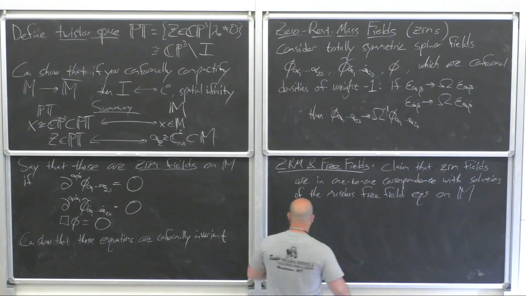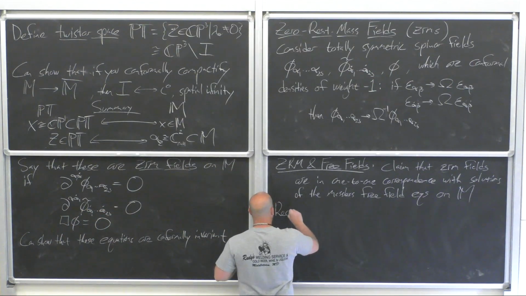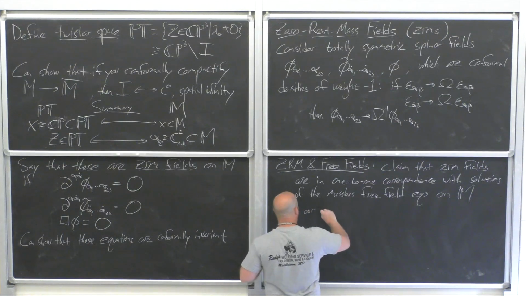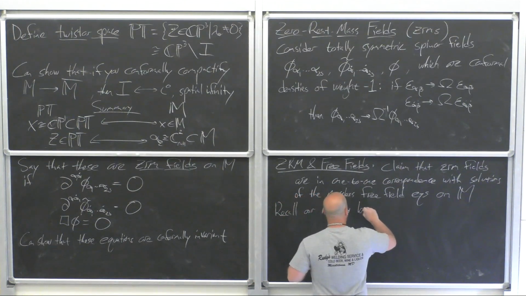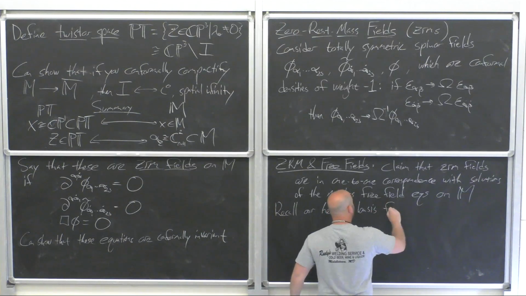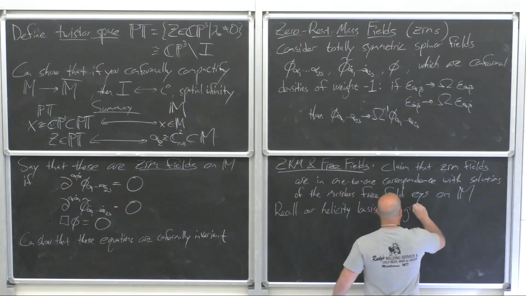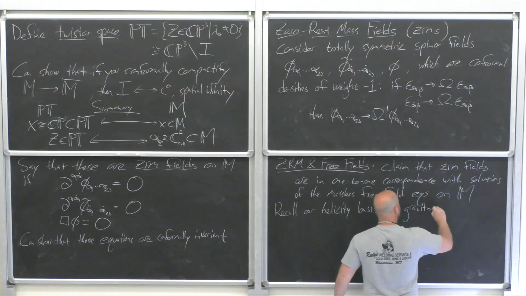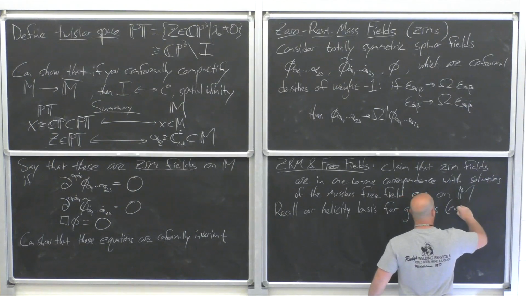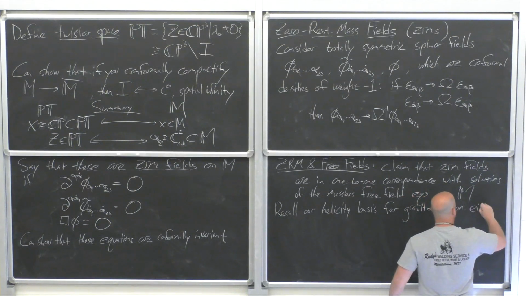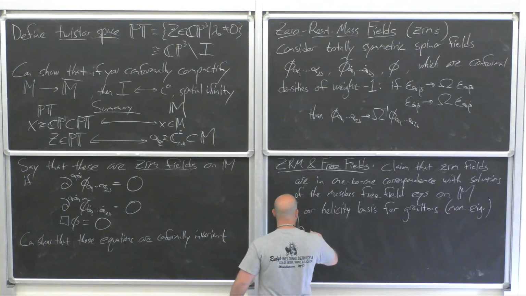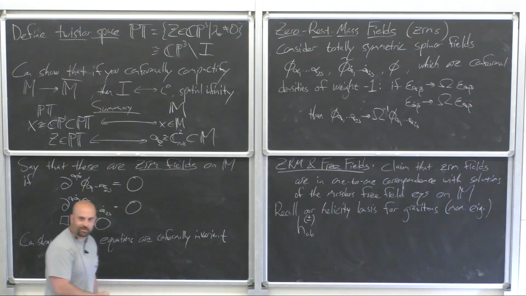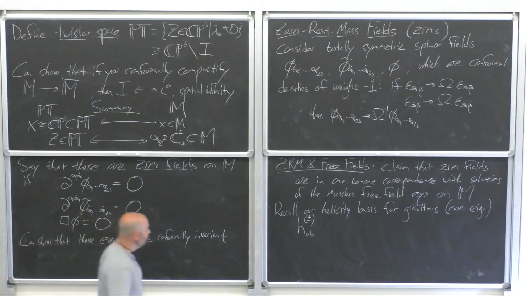So recall our helicity basis for gravitons, let's say in momentum eigenstate basis. There we had some h_ab, which could have helicity plus or minus, some linear perturbation to the Minkowski metric.